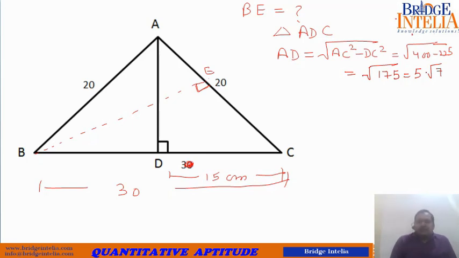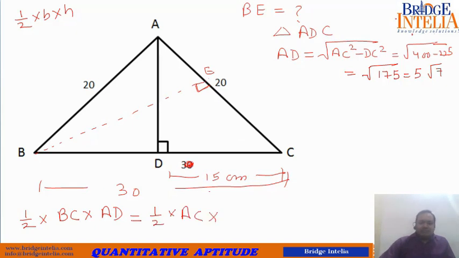Now understand, area of a triangle is equal to half into base into height. So let's calculate the area of this triangle taking different base and different height. Half into base BC into height AD must be equal to, if you change your perspective and take AC as the base, half into AC into BE.